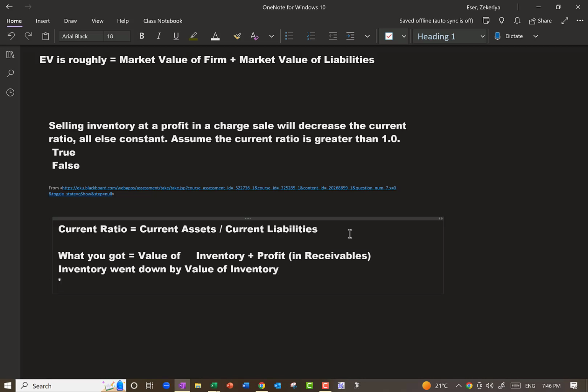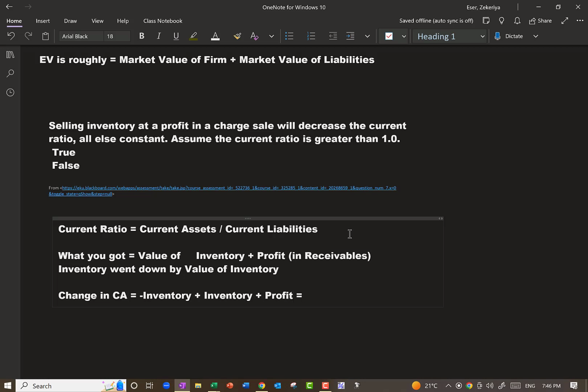Nothing happened to current liabilities, so the change in current assets equals negative inventory value, but you got inventory value plus profit in receivables.